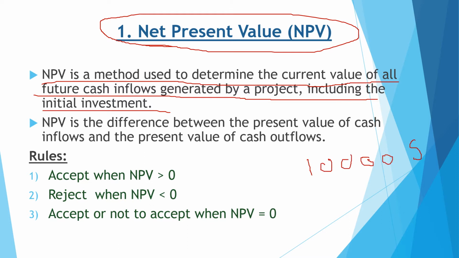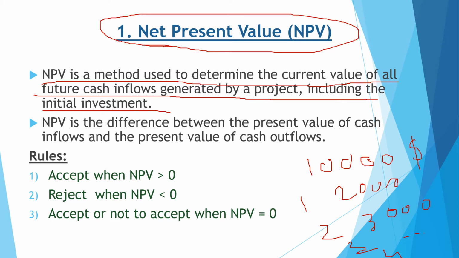Then after this, we receive inflows from this machinery. Suppose in the first year we receive $2,000, in the second year we receive $3,000, and maybe in the third and fourth years something similar, and the life of this machinery is 5 years.